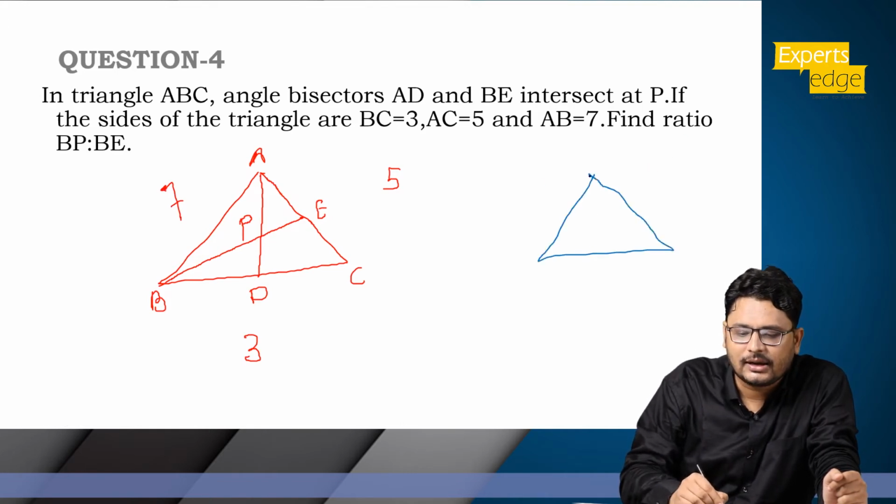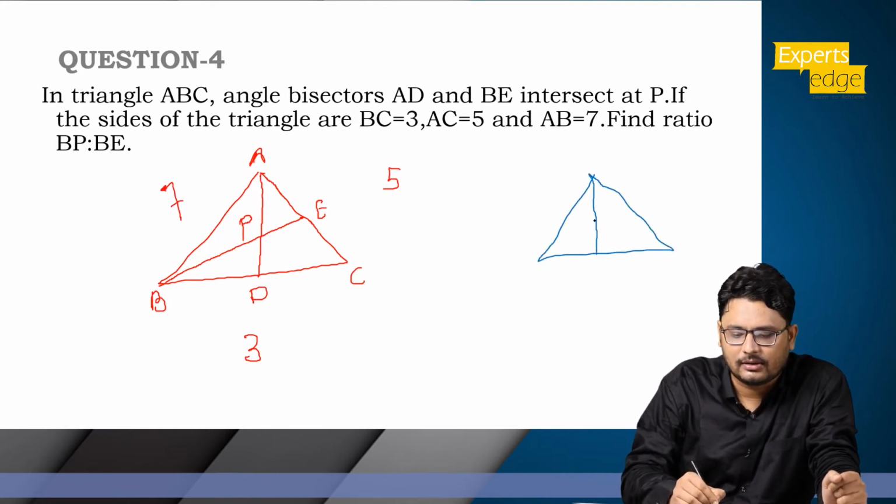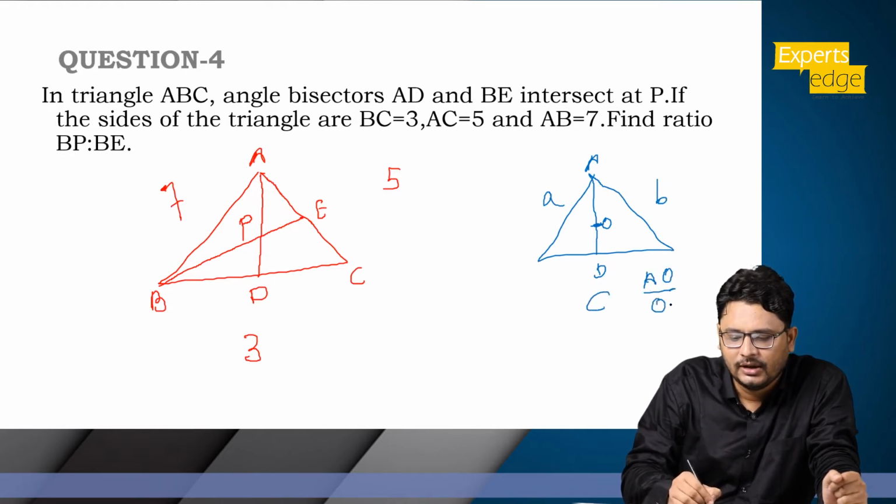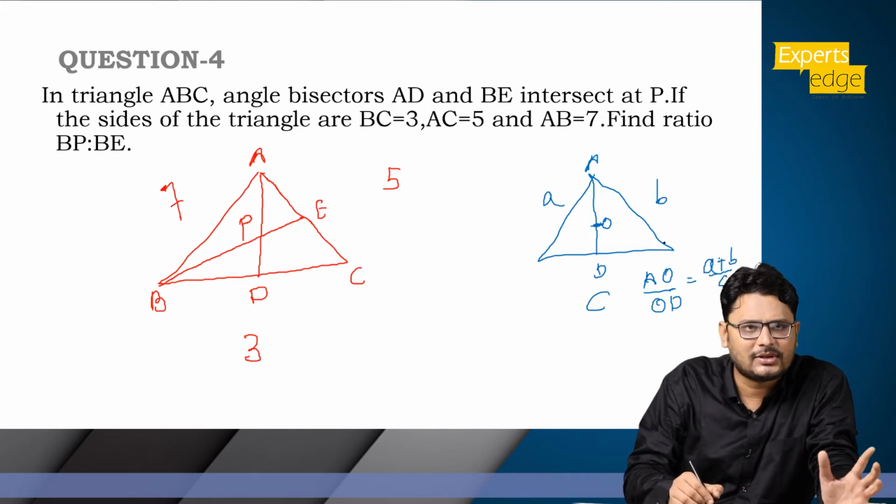So if this is my triangle and this is my angle bisector, this is the point of meeting. Let's say this is A, this is O, this is D. And if this was my A, this was my B and this was my C, then what will AO by OD be? AO by OD will be nothing but (A plus B) by C, right? The same thing will apply here.